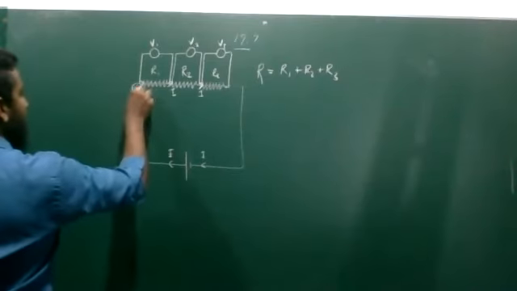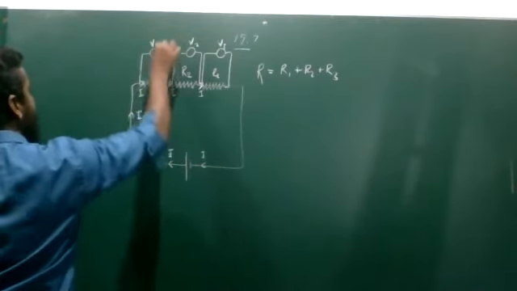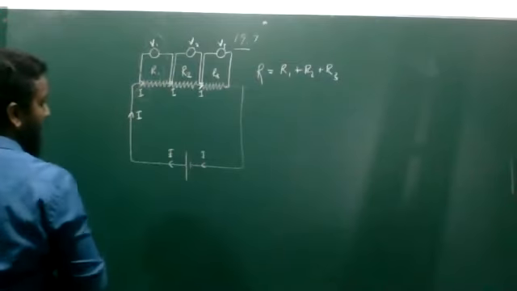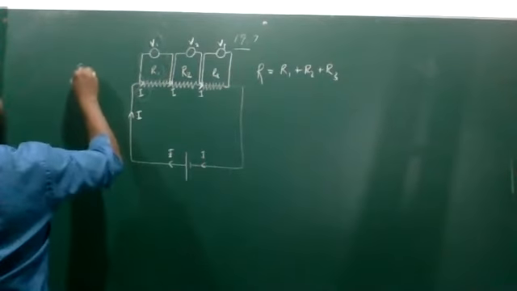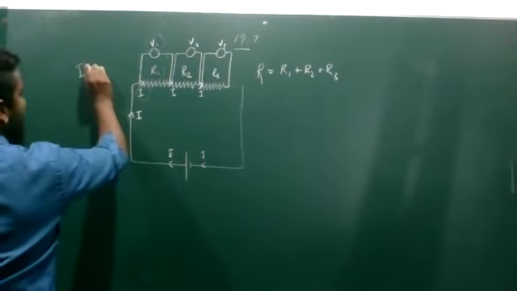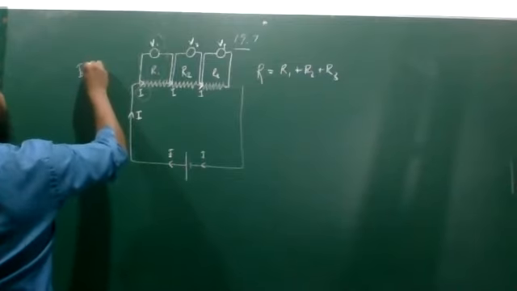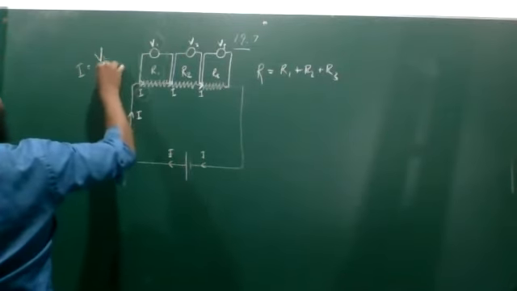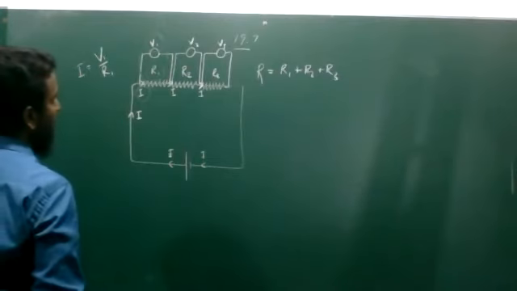Therefore, using these two readings, V1 and R1, we can find I. This I is going to be equal to V1 over R1 according to Ohm's law.